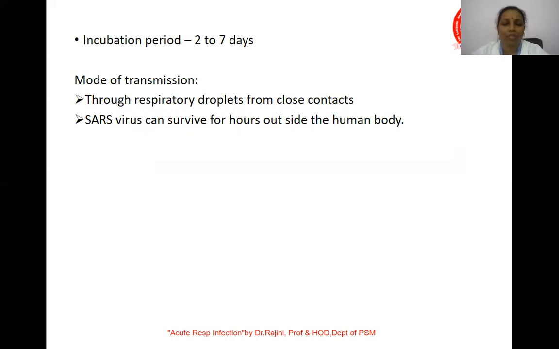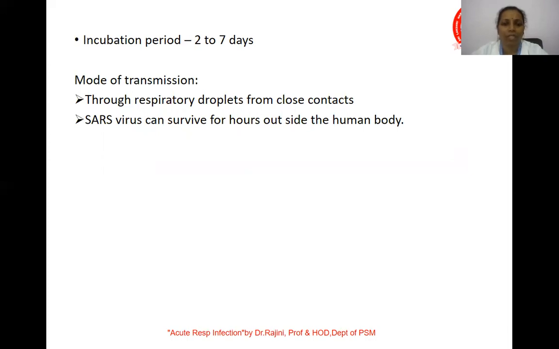So you usually go for social distancing so that you will not acquire this respiratory infection. The SARS virus can survive for hours outside the human body, so it is spread everywhere in the atmosphere.